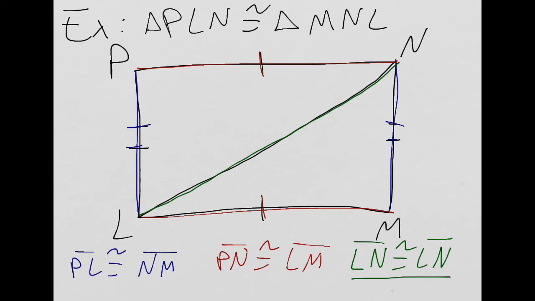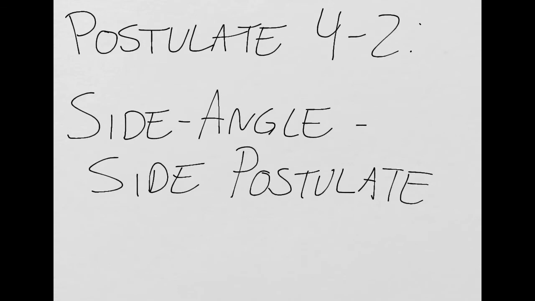PL is congruent to MN. I have PN is congruent to LM. And then I have LN is congruent to LN. So notice that I kept them in the same order. Naming is important.